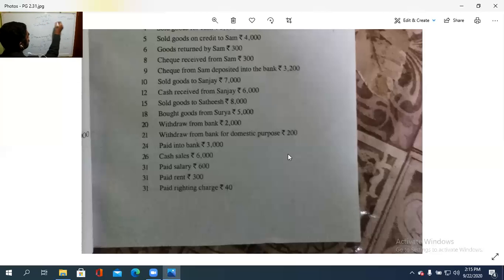Salary account debit 600, rent account debit 300, writing charges account debit 440, to cash 1,340. So this way we can write the compound journal entry. If there is more than one debit or more than one credit, then we can use the compound journal entry.